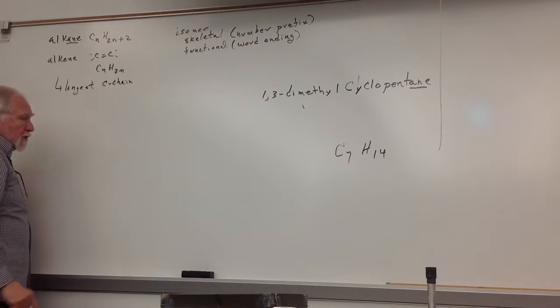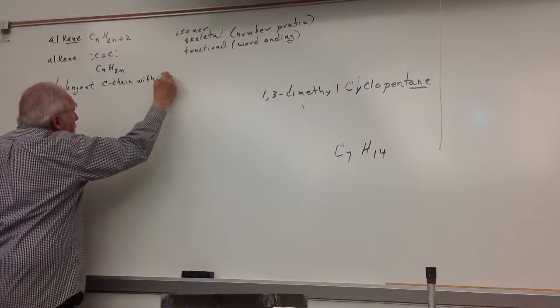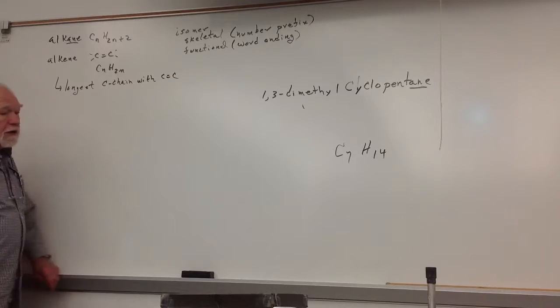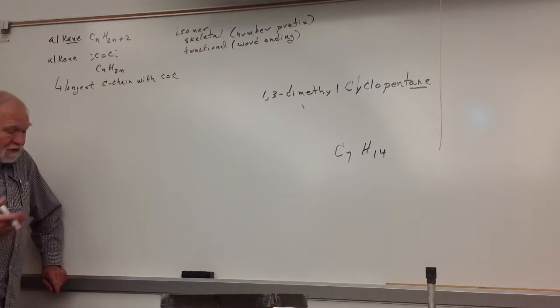Longest carbon chain with the double bond. And you number the chain so that the first carbon of the double bond has the lower of two possibilities. In other words, you can either number left to right or right to left, and it has to have the lower of two possibilities.